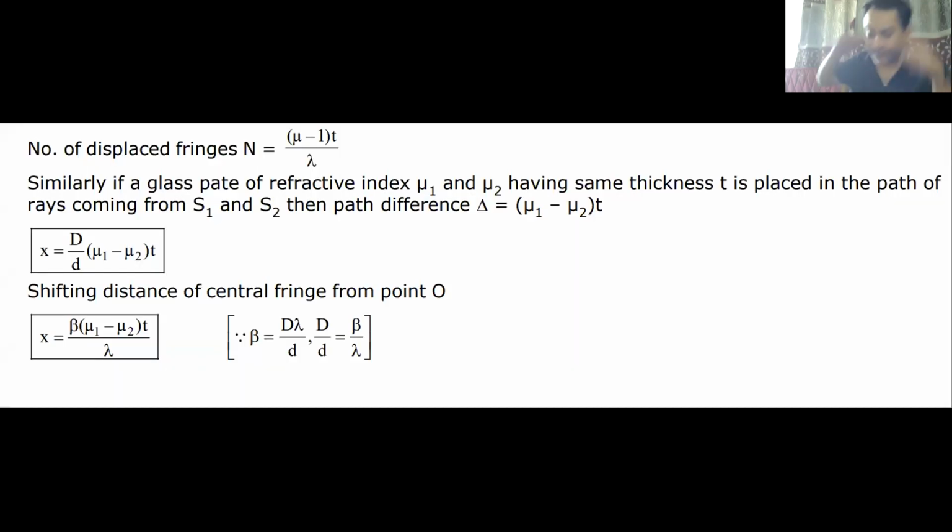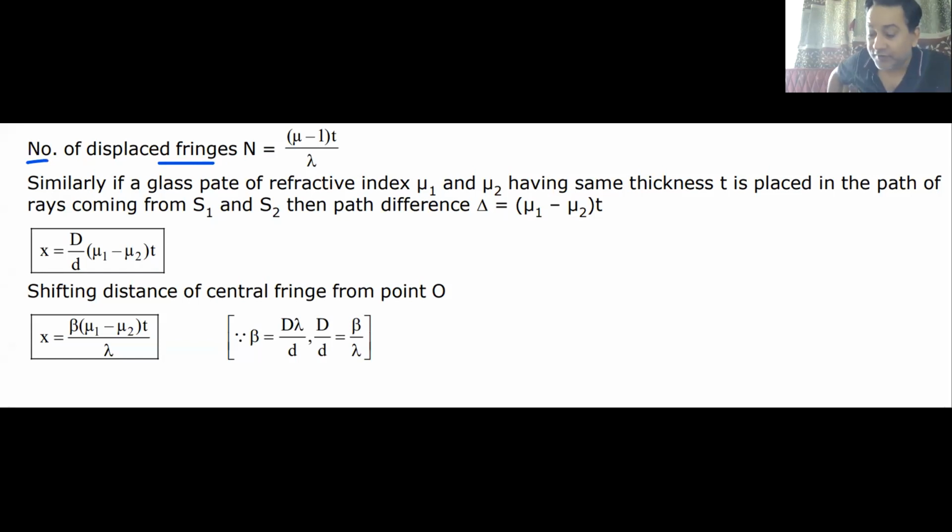Okay. Now there can be different things that can be asked here. We have seen how much the fringes have shifted in the region where the original fringes were. They can also ask by how many fringes the shifting has taken place.